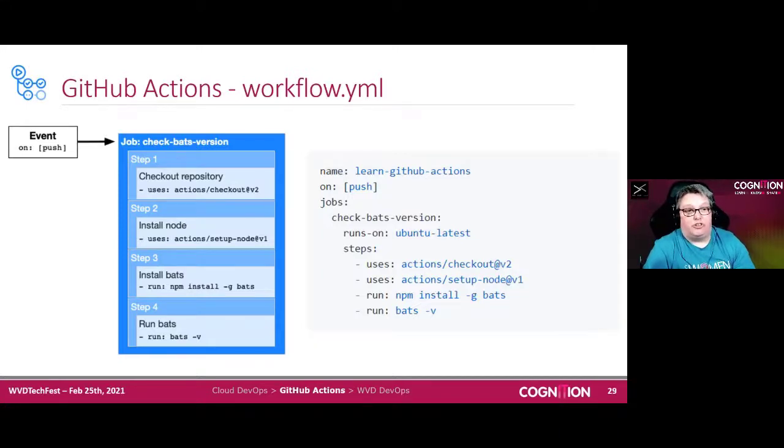And as you can see, it defines one job with a couple of steps. And these steps use actions that are taken from the marketplace, predefined and pre-configured, available for you, or you can run different shell commands.